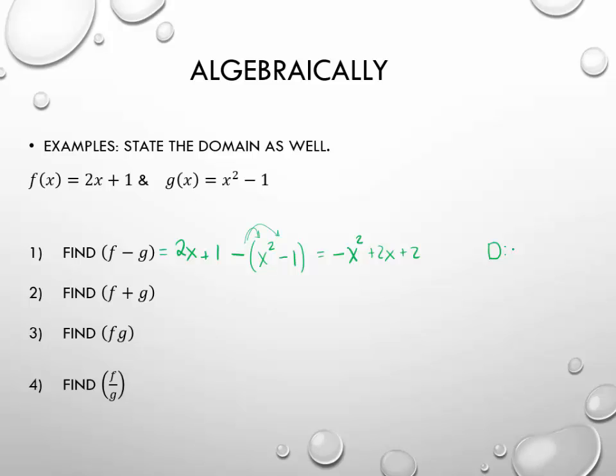Would it matter if you switched it so the x squared would be positive and the others would be negative? Yes, that would be wrong. The only time you can do that is when there's an equal sign. If it's like f of x equals negative x squared plus 2x plus 2, you'd have to make the other side negative.